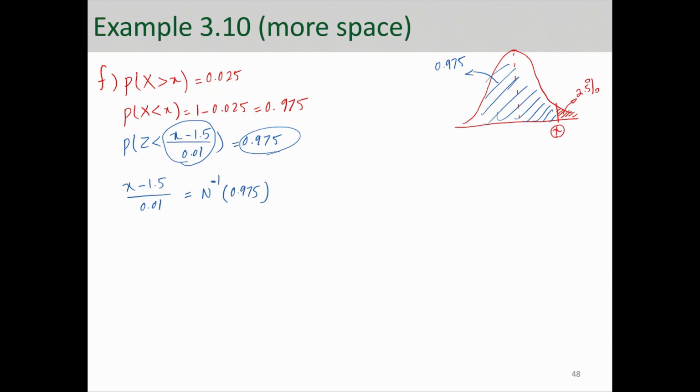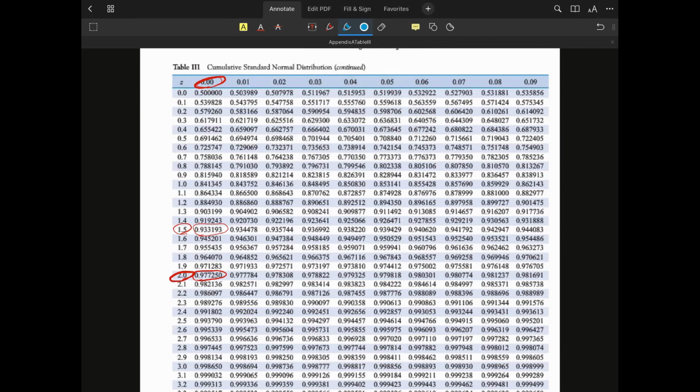So we've got to go to the table and look for 0.975 within the table and see what z value is associated with that, make it equal to this, and solve for x. So let's go ahead and do that. If you look into the table, you will see that right here we have that probability, 0.975. And the z value associated with that is 1.96, right?